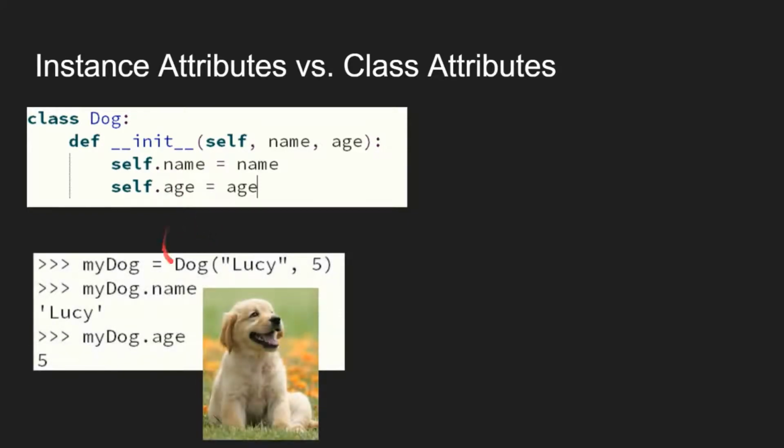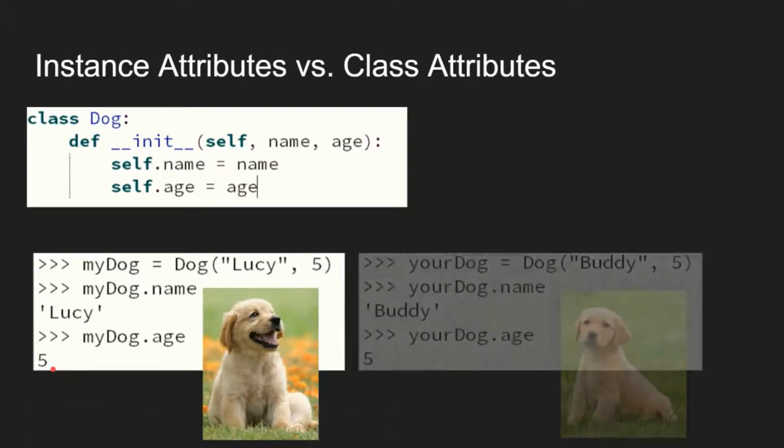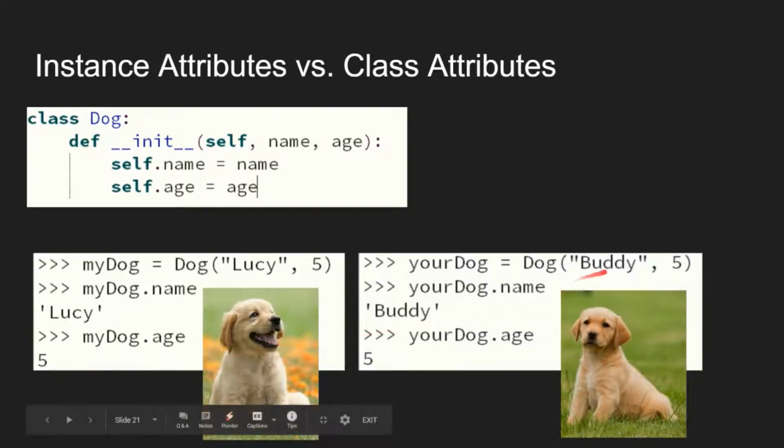So here we can have a dog named Lucy, and Lucy has the name Lucy, obviously, and she's 5 years old. We can also make a dog named Buddy, whose name is Buddy, and his age is 5 years old. And notice that we have two distinct dog objects. Kind of feels scummy calling them objects, but we're programmers. So we have two dog objects, and they have different names. This one has Lucy, and this one has Buddy.